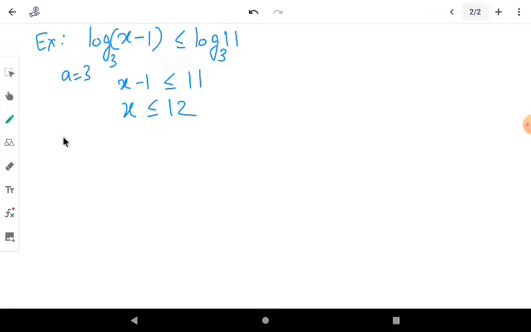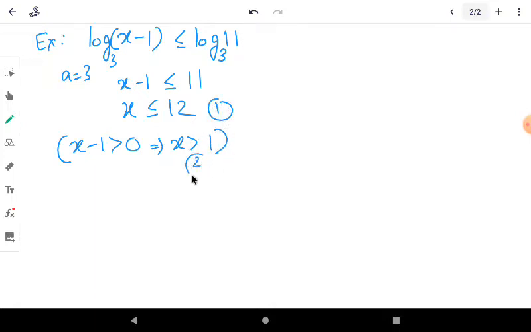Now, as I said, we have to check the argument. We have to impose the condition that the argument has to be positive, which is what we call the domain condition. So x greater than 1.